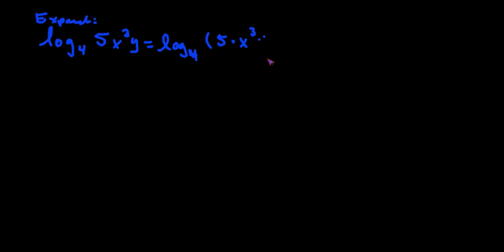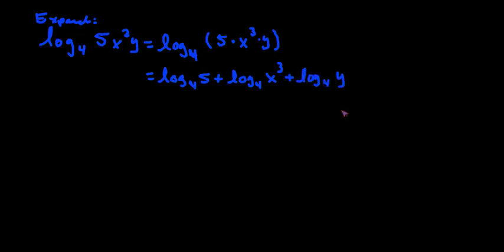And remember, multiplication goes with addition. So I can write this as 3 different terms split with addition: log base 4 of 5 plus log base 4 of x to the third plus log base 4 of y. Now we really don't want to leave that exponent there since we have a property to take care of it, so let's do one more step.